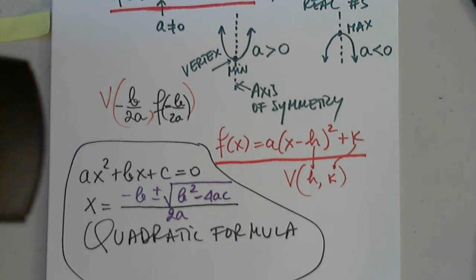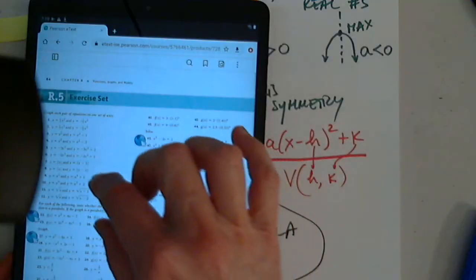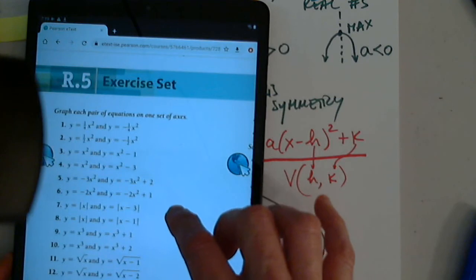So would you like to choose a function to graph? Okay, I couldn't get into any of this, so I pulled up my tablet.